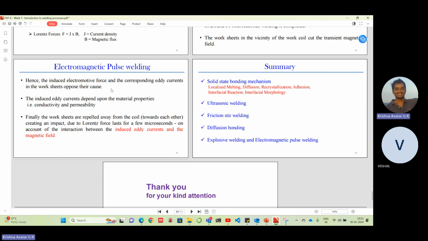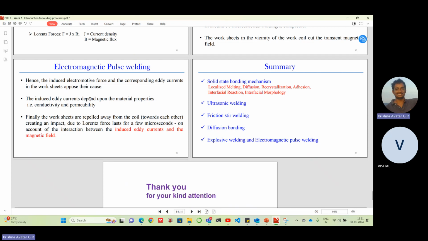This also leads to an induced electromagnetic force, because of which there are current loops, what we call eddy currents, which tend to oppose the external magnetic field because of Lenz's law.